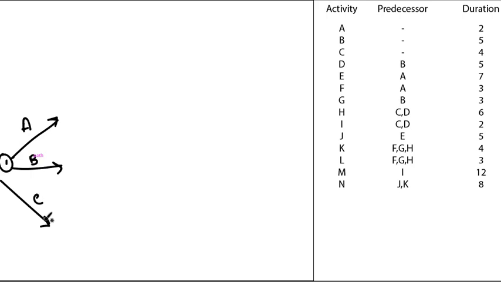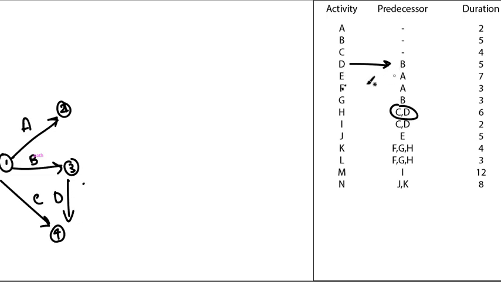D is coming from B, which means this is the 2nd, 3rd and 4th node. D is coming from B, right? And C and D are meeting together, which means D will be like this.